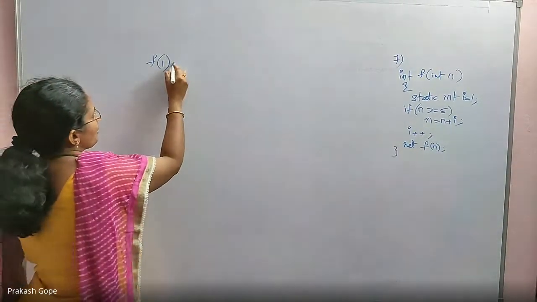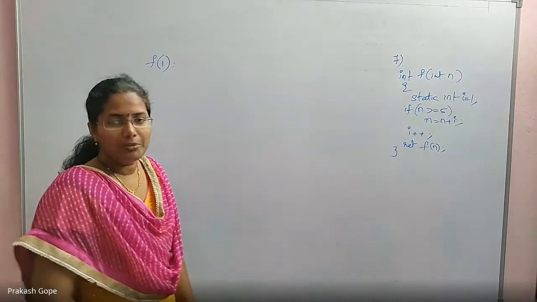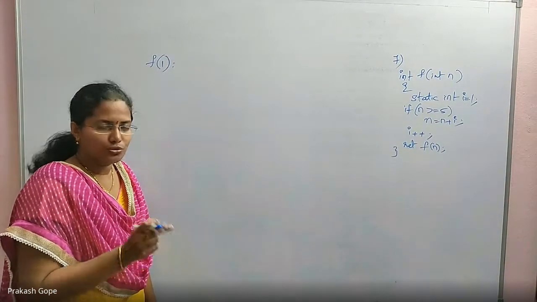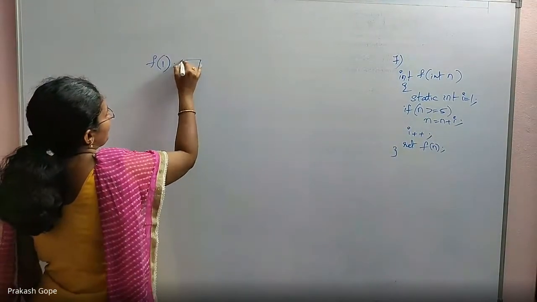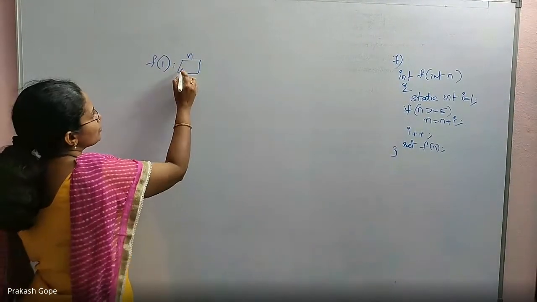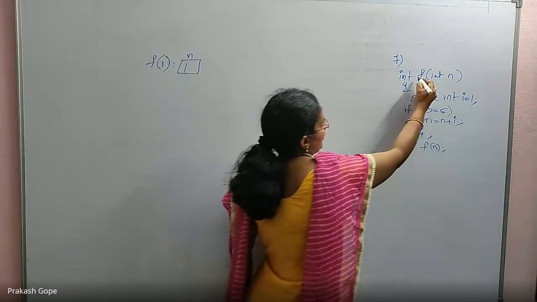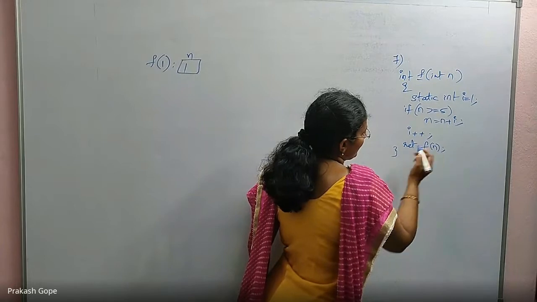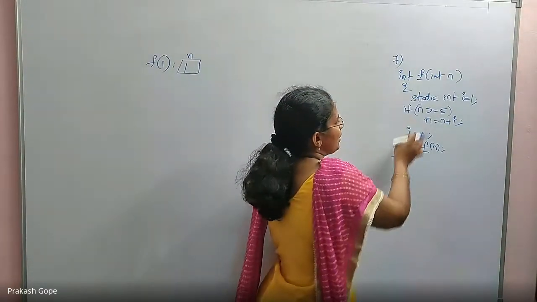So when we pass 1, this 1 will be copied into the formal parameter. As I told you, every formal parameter is a local variable for that function. So you need to create a memory for that variable. So the parameter n is created into which 1 is being copied. i is a static variable. f is a function which we are calling again in the body, which means it's a recursion. We are using a static variable in recursion.